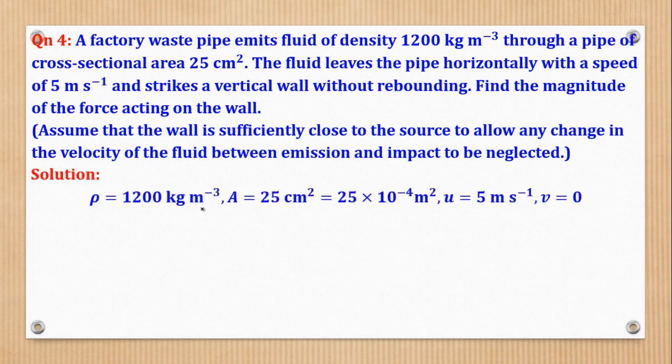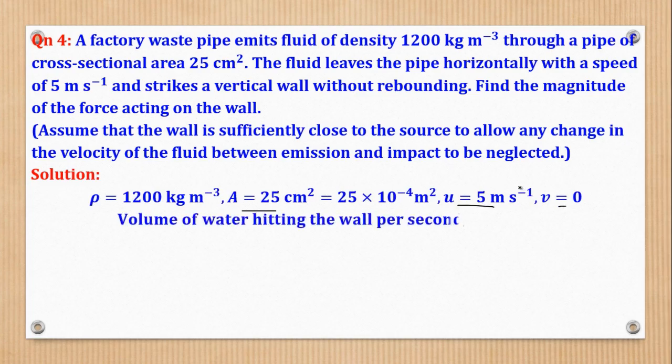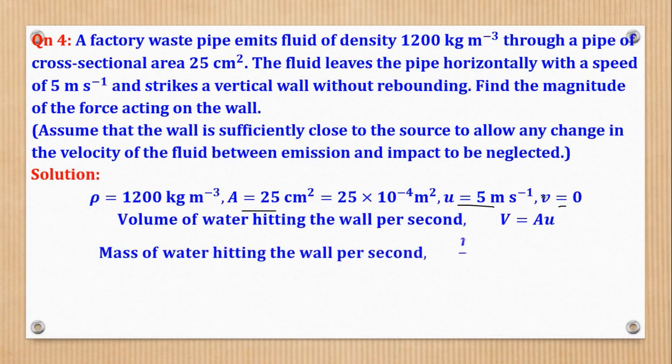So we have density is that, area is that, and initial velocity is that, final velocity is that. So volume of water hitting the wall per second is cross-section area times velocity. I think you remember that in the previous question. Then mass of water hitting the wall per second, m/t, is volume per second times density. So substitute for volume per second to give you A v rho.